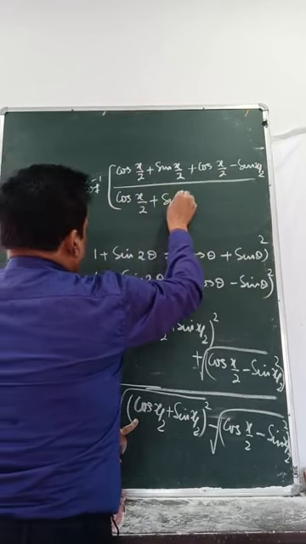Okay, here sin is cancelled, here cos is cancelled, so what is left out?